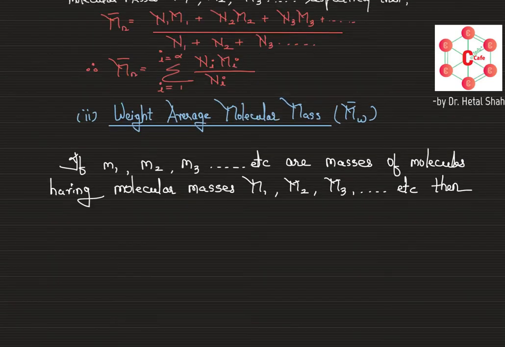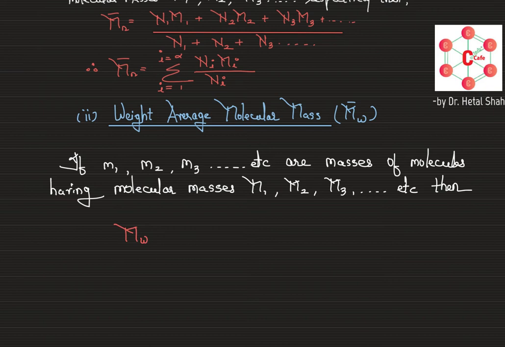Let us talk about the weight average molecular mass. So suppose we have a sample of our polymer, and if small m1, small m2, small m3, etc. are the masses of molecules having molar masses M1, M2, M3, etc., then the weight average can be given like this.